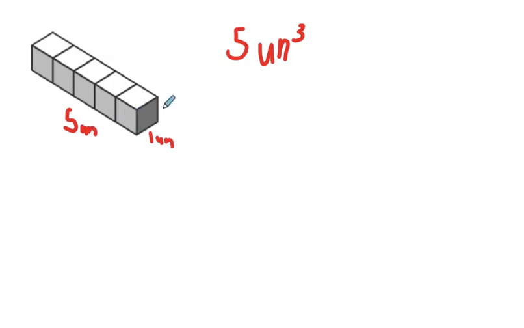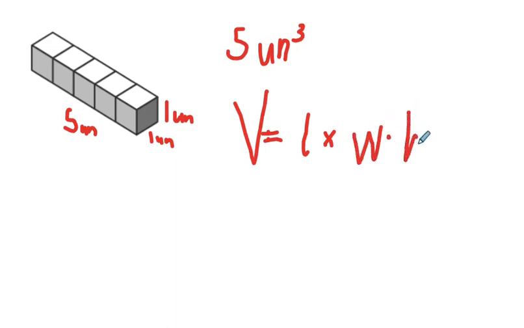And how tall it is, 1 unit tall. So to find volume, which is represented with a capital V, all I need to do for volume is find the length times the width times the height.